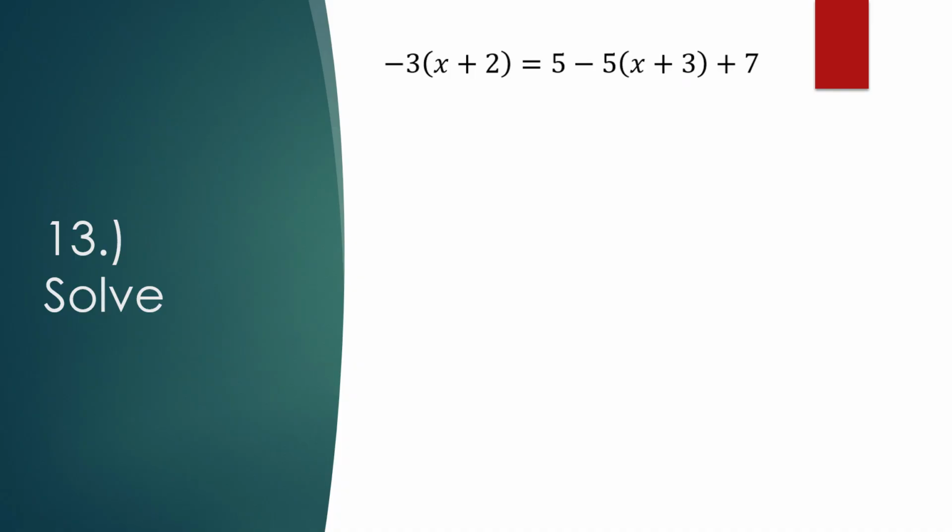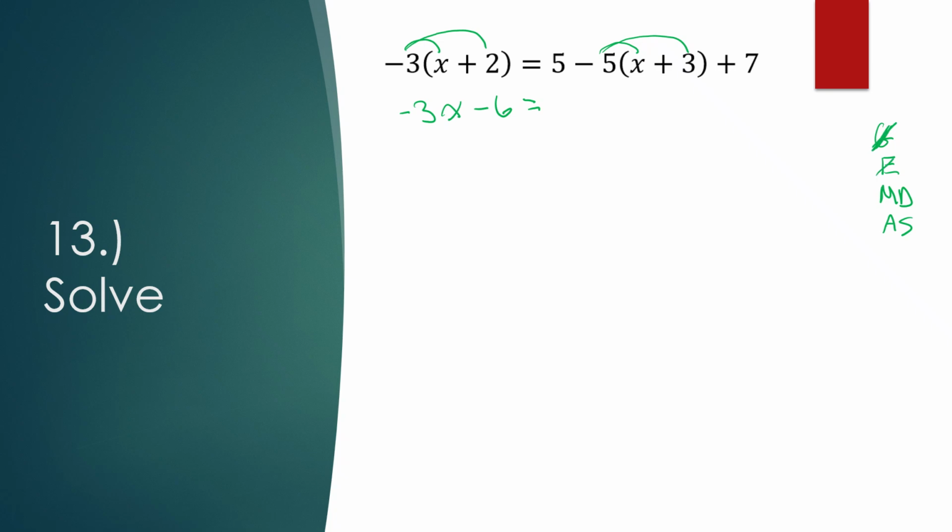So on the left side, I see I have the distributive property. So negative 3x minus 6 equals, well, here I also have my distributive property. And remember, we just continue to use GEMDAS, the rules of the road, whenever we're simplifying. I couldn't do anything for grouping because those weren't like terms.